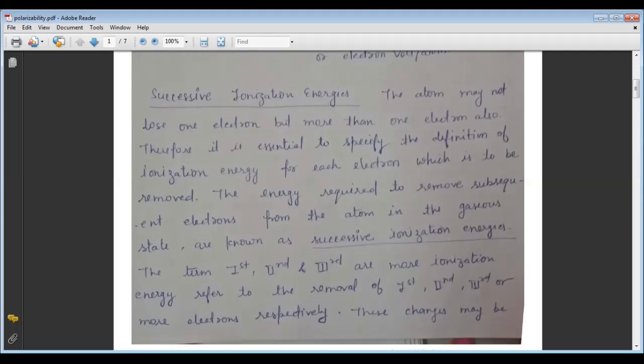The energy required to remove subsequent electrons from the atom in the gaseous state is known as the successive ionization energy.